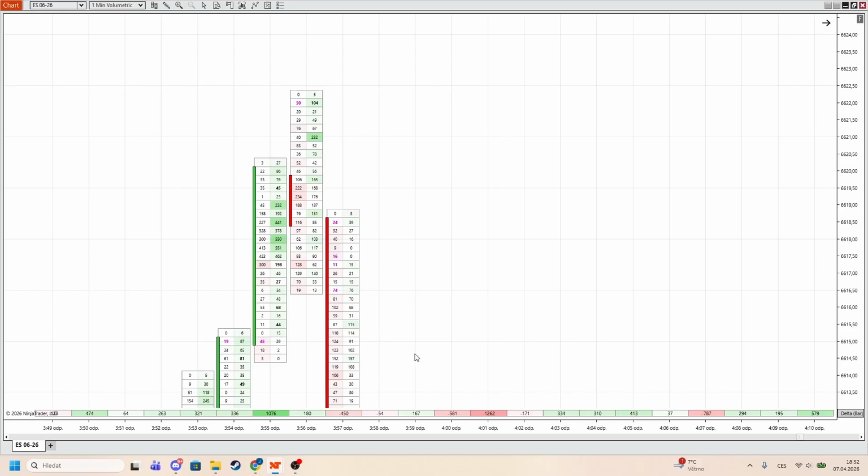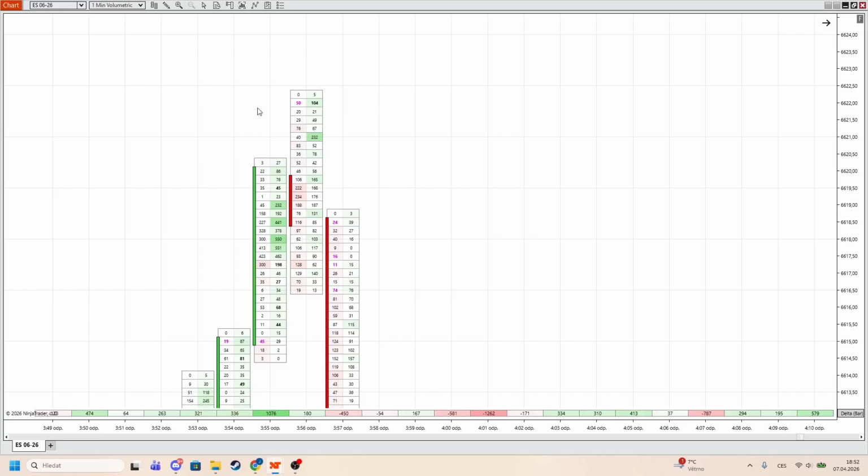Another good sign is that the highest place on the footprint candle will show that 0 people sold and some number bought. That means that already all of the buyers that wanted to buy at this price are done.